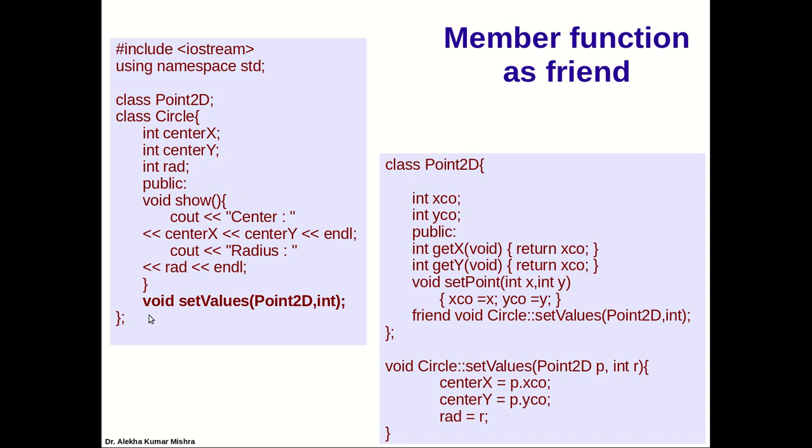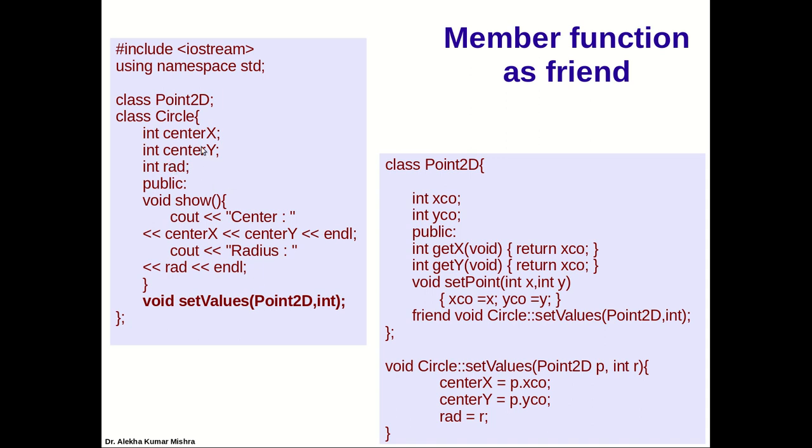Then we see that we have a function here, void setValues. The job of this function is to set the values of all the data members of this class, of an object of this class. Every object of Circle will contain a center with values x and y, and a radius. And we know that the center of a circle is a two-dimensional point, a two-dimensional coordinate.